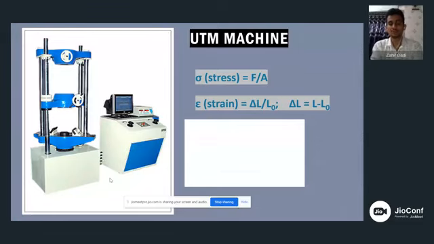In accordance with standards, if we follow ASTM A370 or some other testing standards, we can find that particular sizes are mentioned that we have to cut from a material to check tensile strength. So here I have put a video that will be helpful to understand the UTM machine.